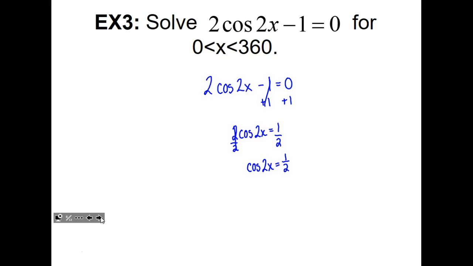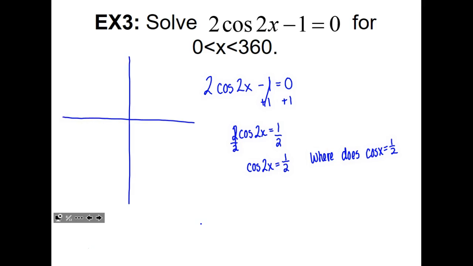Now, if you're trying to solve that for the x, the next thing you would need to get rid of is the cosine, right? You would do cosine inverse. So we're going to ask ourselves, where does cosine equal 1/2? So if we're thinking of the whole unit circle, okay?